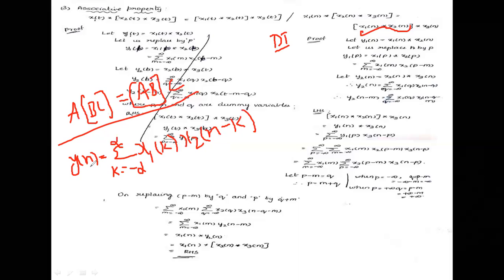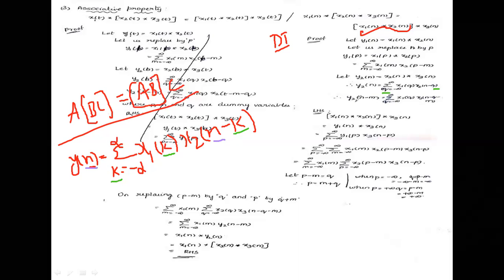Here the output is n, and here also the output is n. The variable here is k, and taking the k as q, x1 of q, x2 of n minus q, the n value is the same.